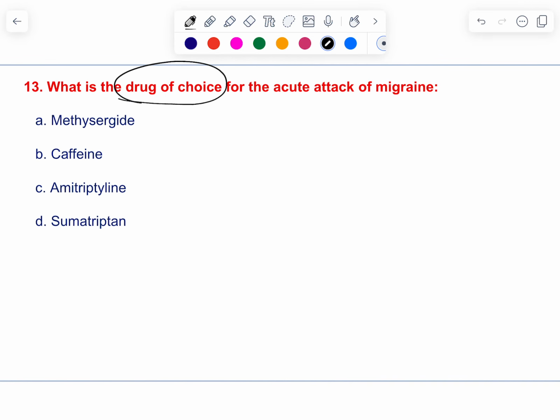What is the drug of choice for acute attacks of migraine? Methysergide, caffeine, amitriptyline, and sumatriptan. See, in acute attacks of migraine, we need to give selective 5-HT1B/1D receptor agonists. These group of drugs are nothing but the triptans, right?